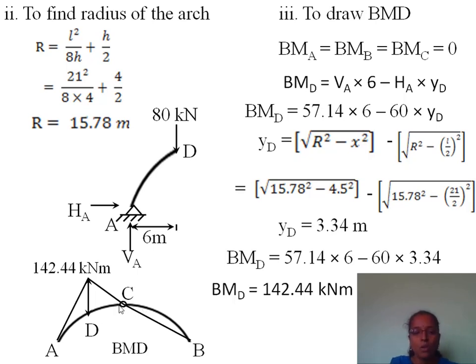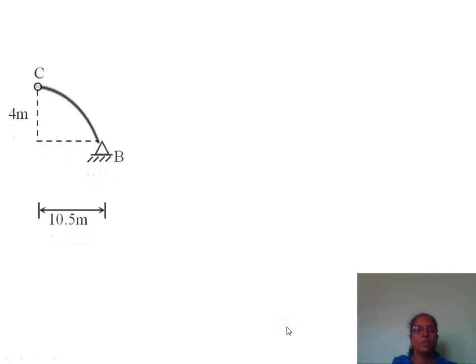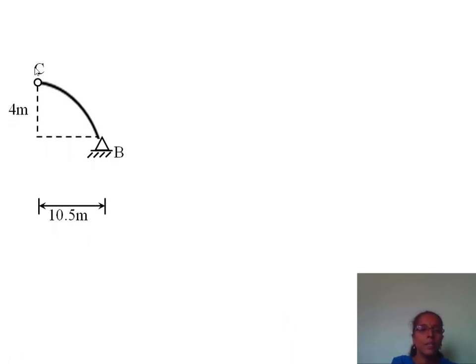To find the position and magnitude of maximum negative bending moment, we have to consider any section X in between the BC region. This is the BC region. The rise is 4 meter and this distance is 10.5 meter. These are the reactive components.